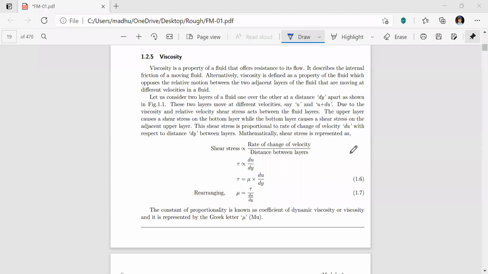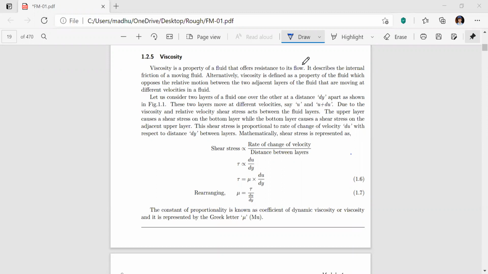That property is there for every fluid, and that is called viscosity. The same thing he has told, it is a property of fluid that offers resistance to its flow. Now here we have a small derivation to get the expression for the viscosity.